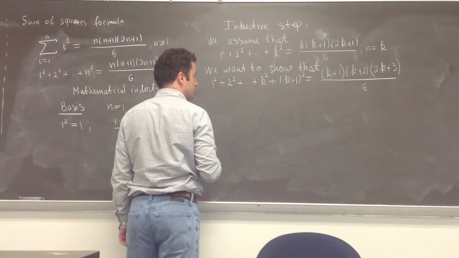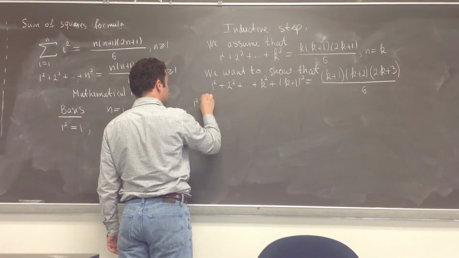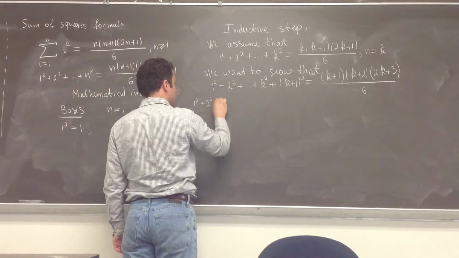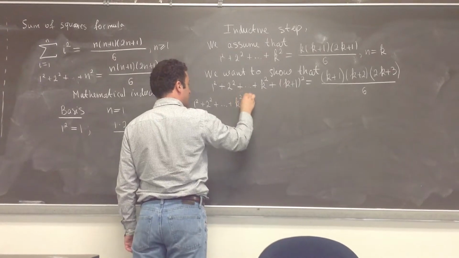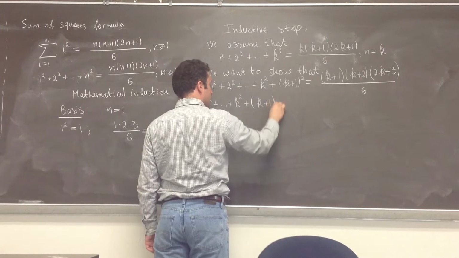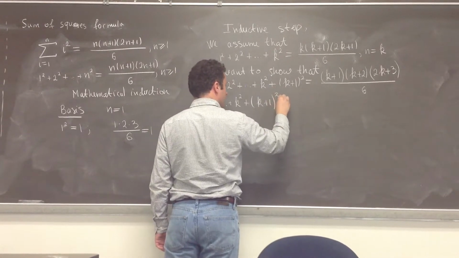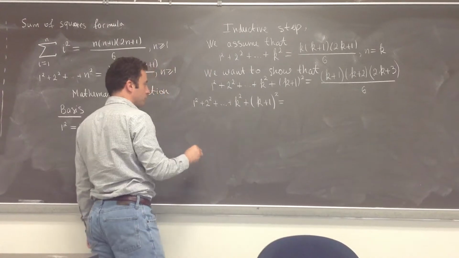And let's consider the left-hand side of this expression. So let's consider the sum 1 squared plus 2 squared plus and so on plus k squared plus k plus 1 squared. We assume that the formula holds true when n is equal to k.